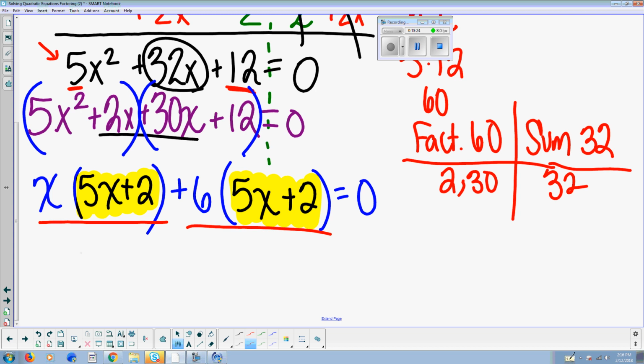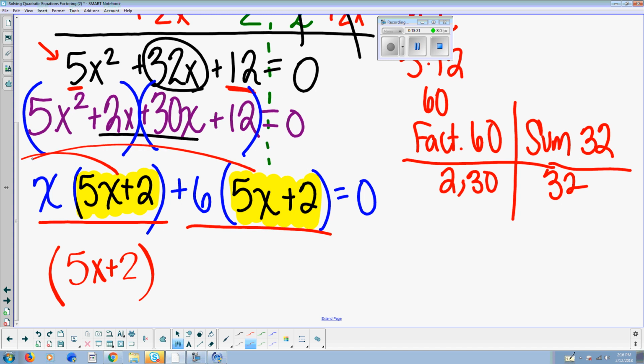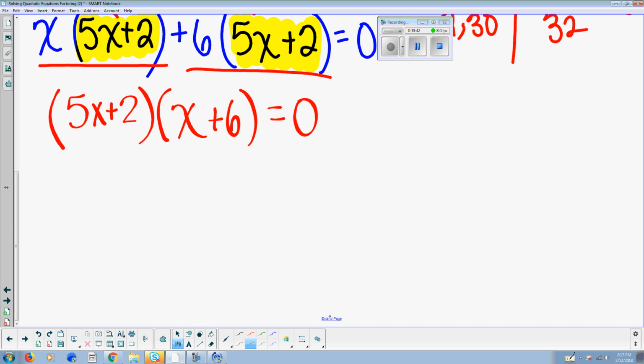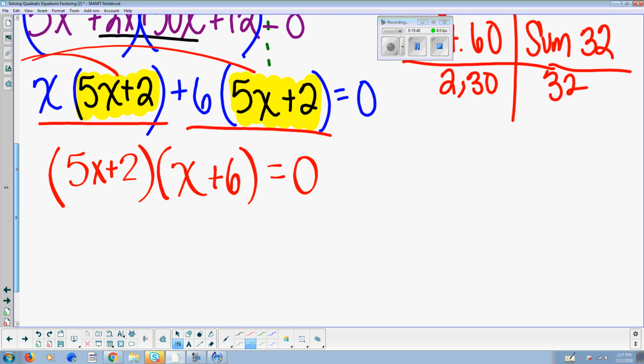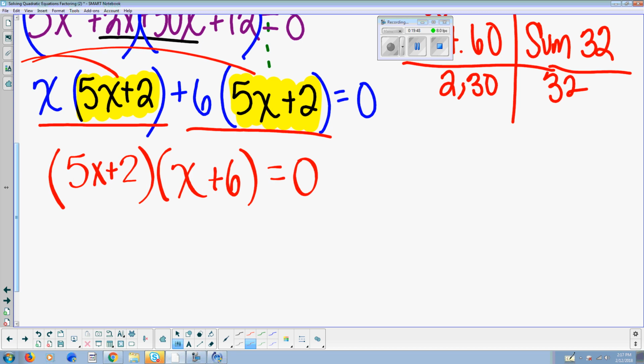So I'm going to say that 5x plus 2 as a binomial gets factored out here and here, leaving me with leftovers of x in the first group and plus 6 in the second group. So now my polynomial is completely factored into 5x plus 2 times x plus 6.